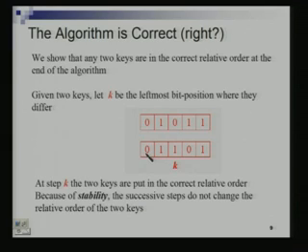So, beyond the kth step the relative order would not change anymore. At the kth step you would get the right order between these 2 keys, the smaller key will appear before the larger key, and at subsequent steps this relative order would be preserved. The smaller key would continue to appear before the larger key.